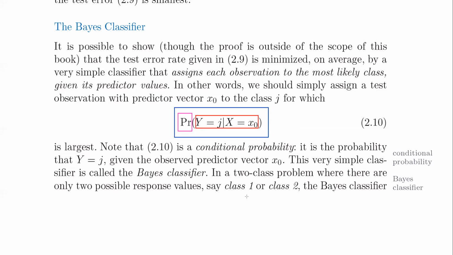The J is each possible different classification. So if it's a very simple binary classification model, either goes to court or does not go to court, you will consider all the possible J's. So one of the J's goes to court, the other J does not go to court.